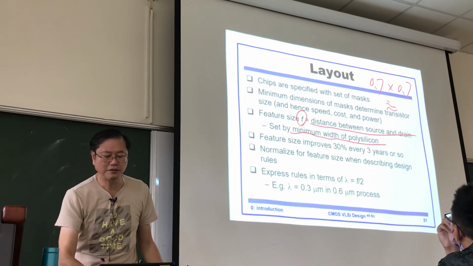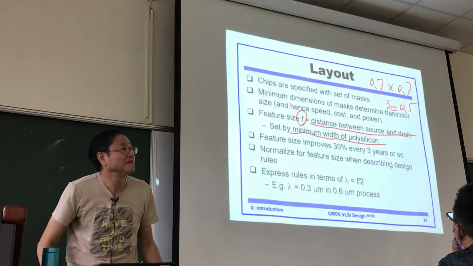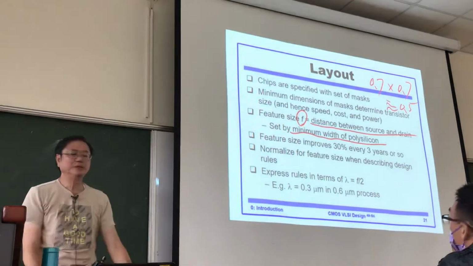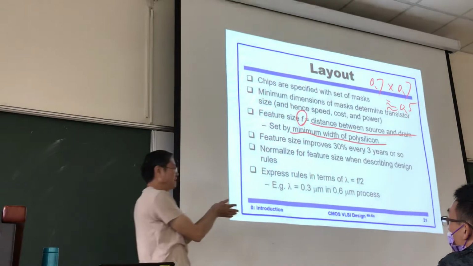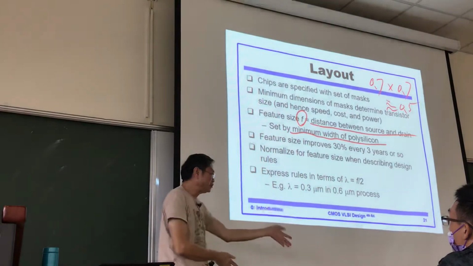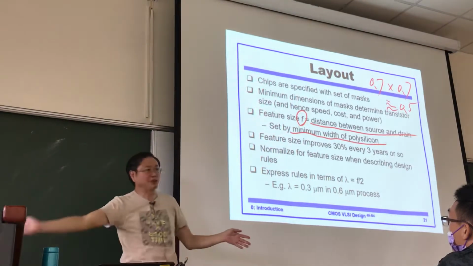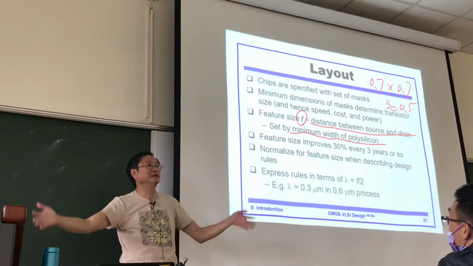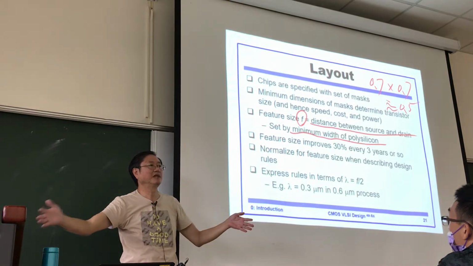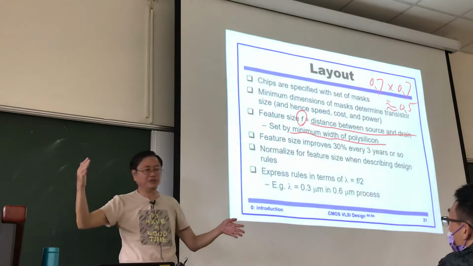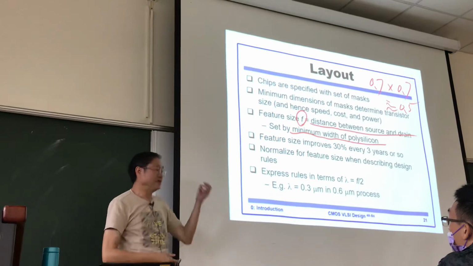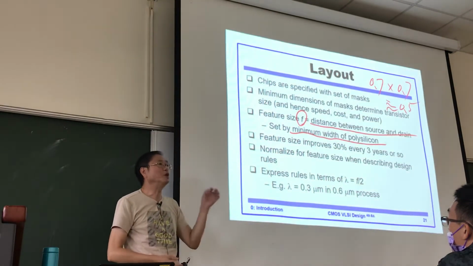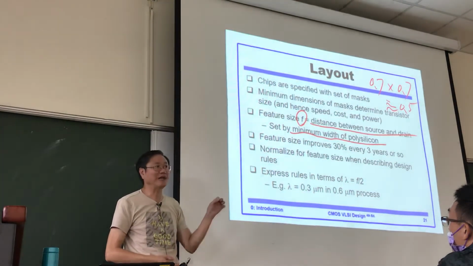It's about 1/2. Meaning what? Meaning given the same circuit, from this generation to the next generation with 3 years between them, the next generation is going to give you the same circuit but only 1/2 in terms of chip size, in terms of chip area.